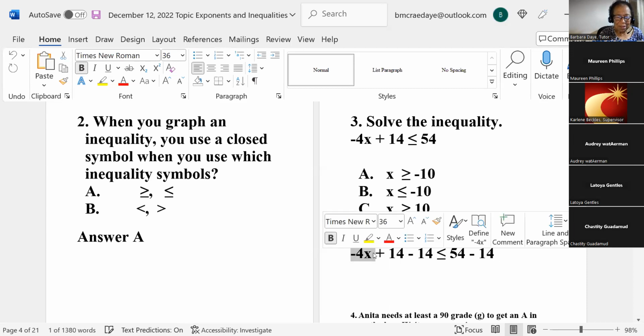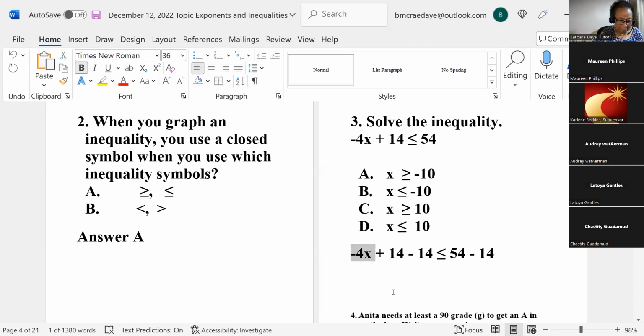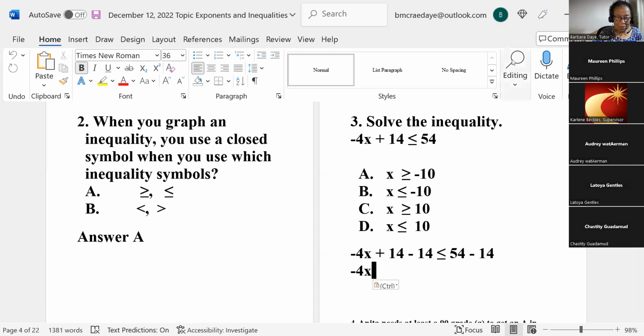And what? 40 on the right side. Well, you can't throw away your minus 4x. Oh, yes, minus 4x. Okay, and let's just copy this. And 54 minus 14 is what, Audrey? 40. Okay, 14 subtracted from 54 is 40. So let's just put our 40 here.